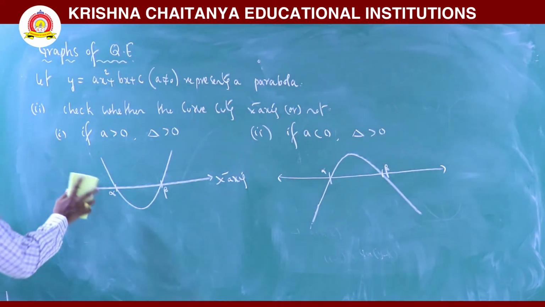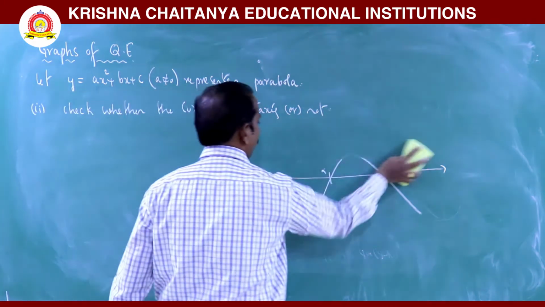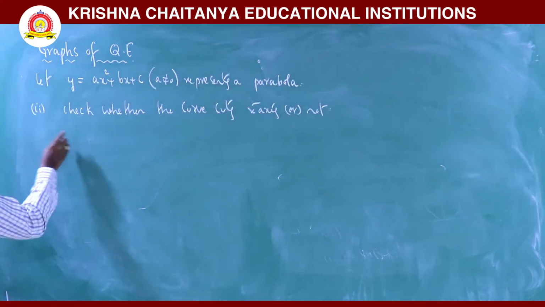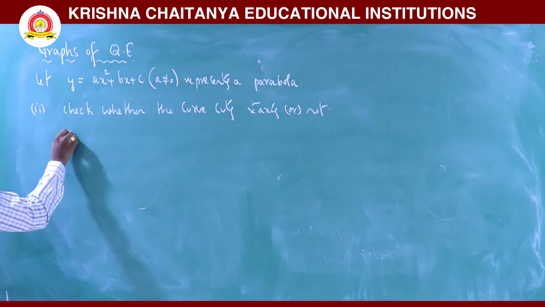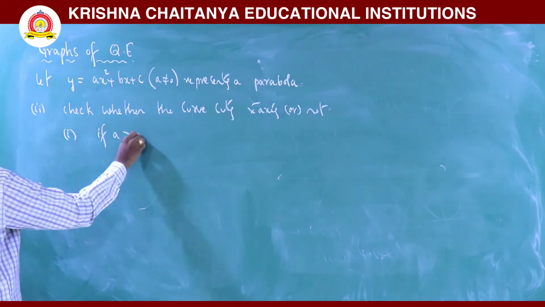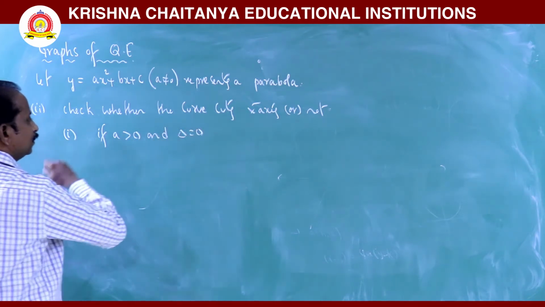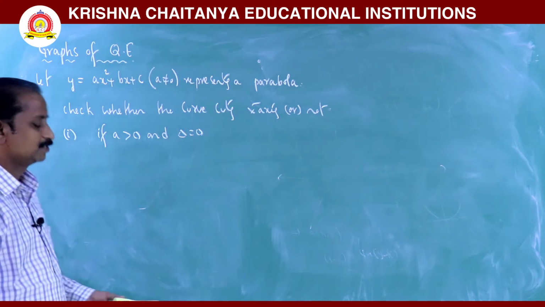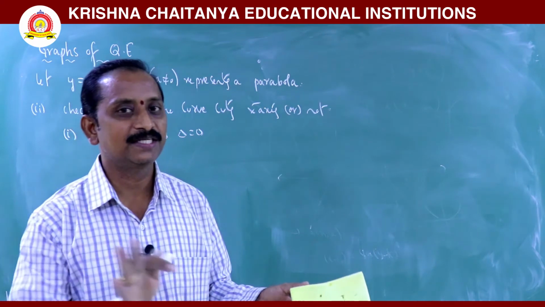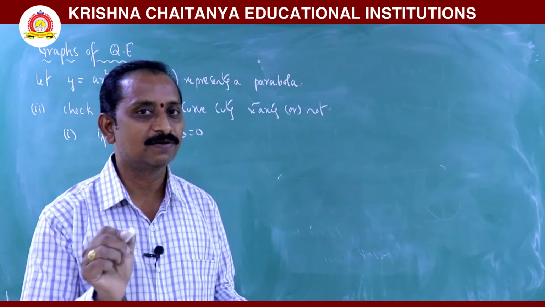Now, come to another point. If a greater than 0 and delta is equal to 0, a greater than 0 means the curve is open upwards. Delta equal to 0 means equal roots, so alpha is equal to beta.